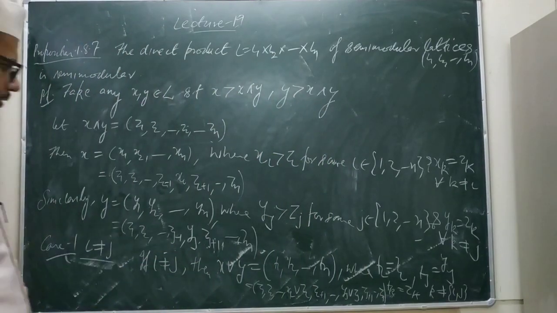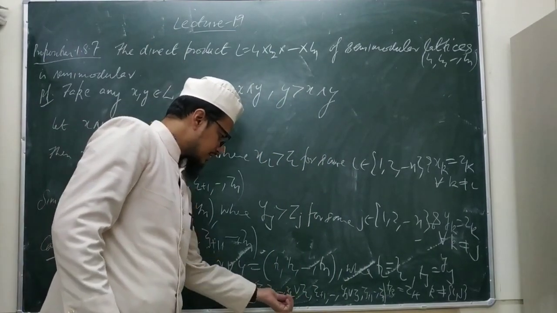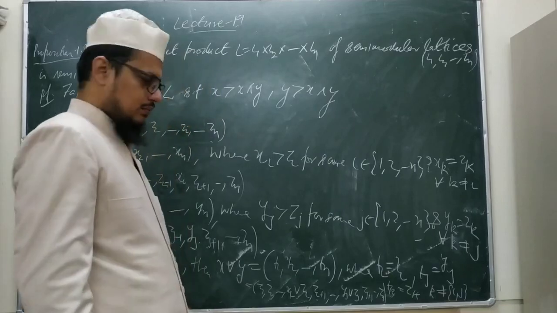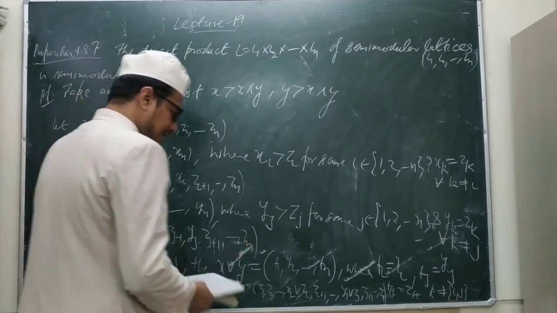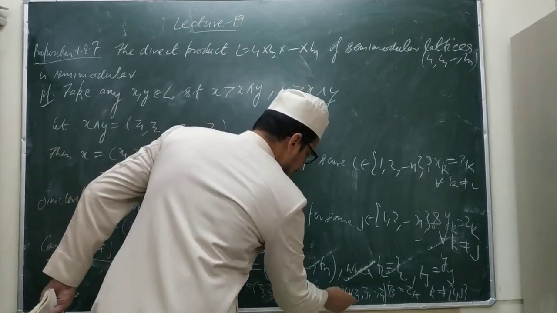And of course, what is xi join zi? Definitely it will be xi. So this will be equal to xi and this will be equal to yj.